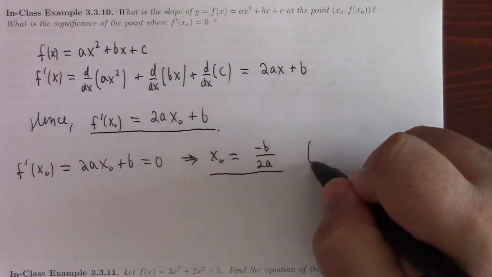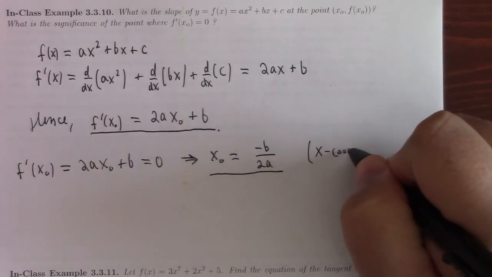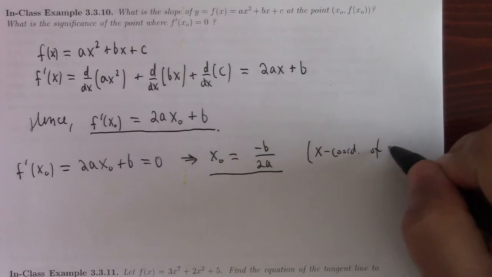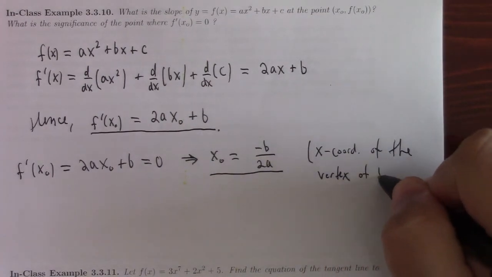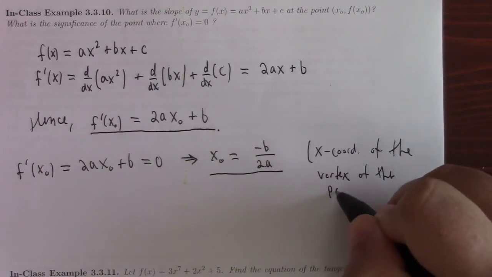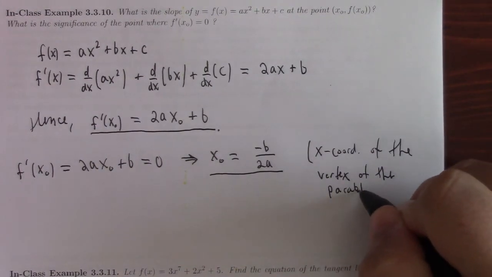Aha! This is the x-coordinate of the vertex of the parabola. Which makes sense, right?